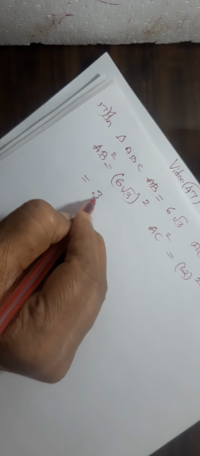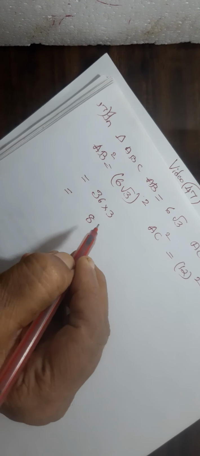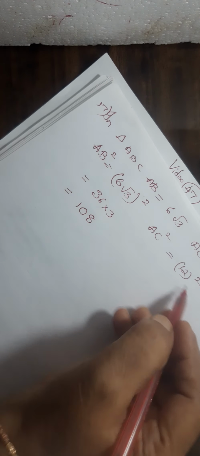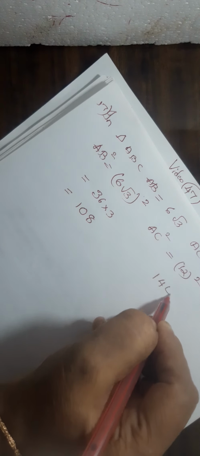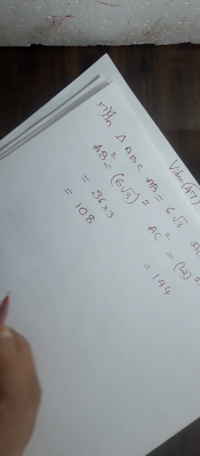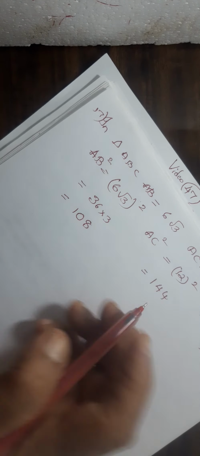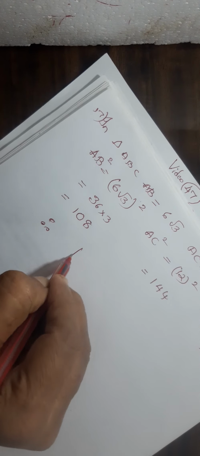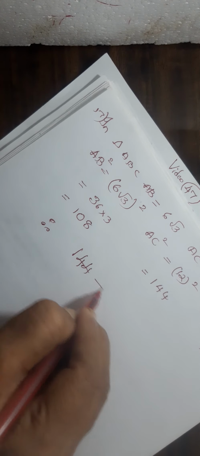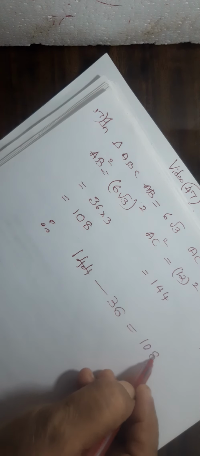This will be 36 into 3, so it is 108. And this will be 144. And this will be 36. So what does it mean? 144 minus 36, you are getting 108. I will write here 144 minus 36 is 108.